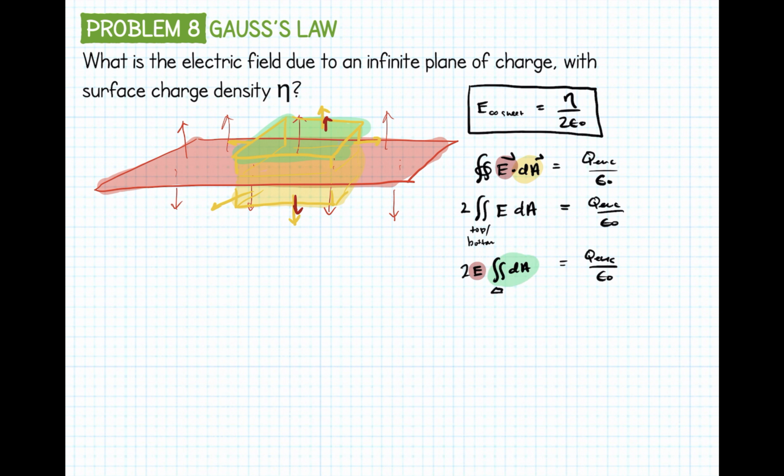So this becomes 2E, and let's say this box has sides L, so we'll call that L squared. And then we need to think about Q enclosed.